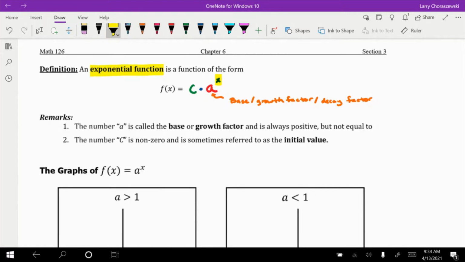Now, if you're wondering about this letter C, it does have some significance, and it's sometimes referred to as the initial value. There are other ways of defining exponential functions, and you'll see that once we come back and do transformations. But for now, the author keeps it pretty basic.